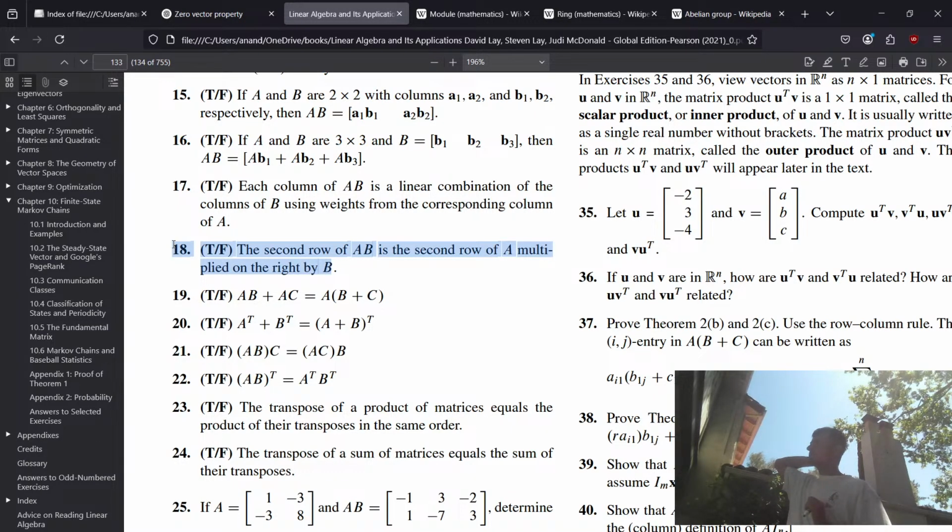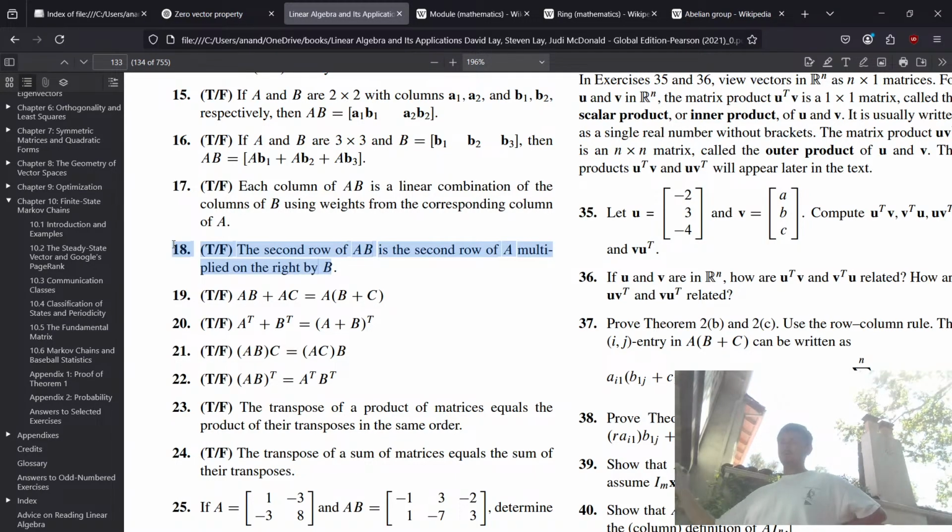So the row is going to be the nth row of A dotted with all columns of B. So what is it?